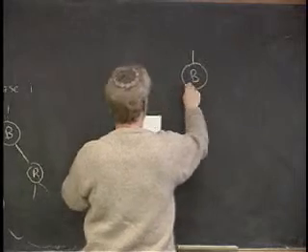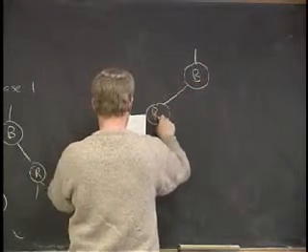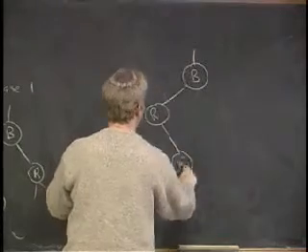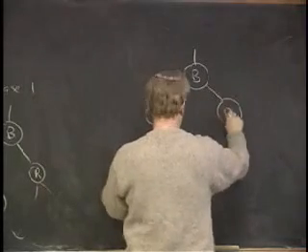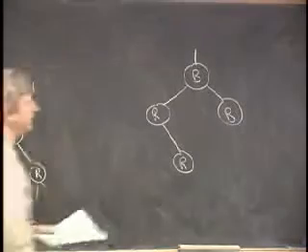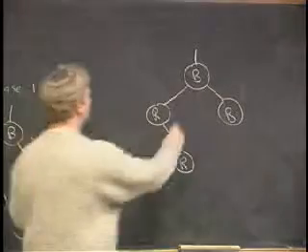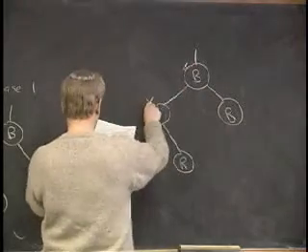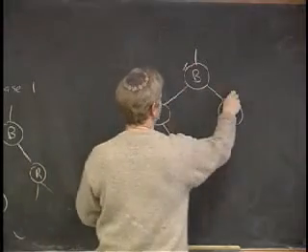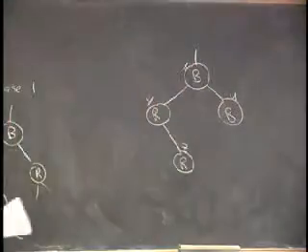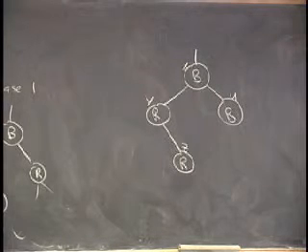Black, red, black. Now, since this case is going to involve a rotation, I need to put a little more labels on the nodes. So I'll call this X, Y, Z, U. Okay, just so you know which one is which.